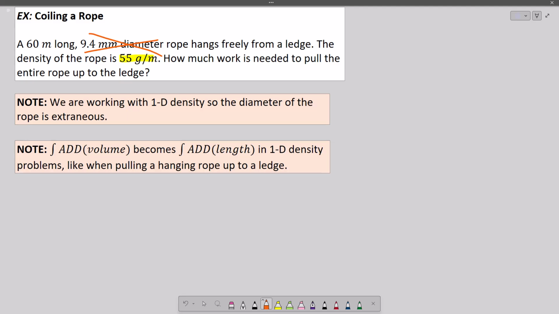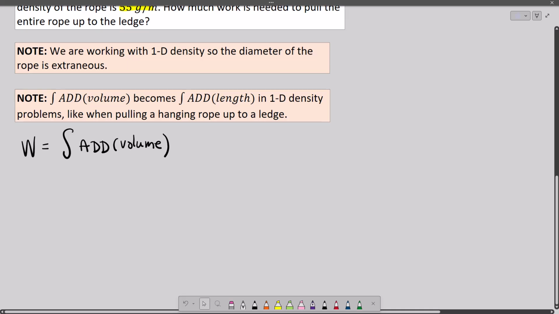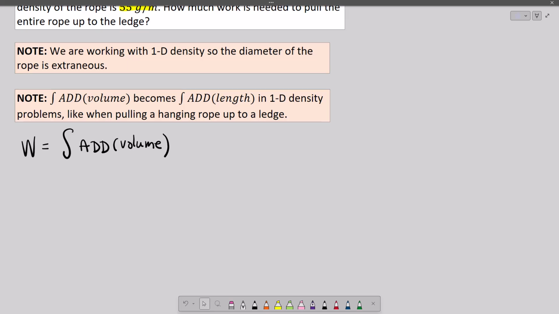So now let's look at our formula for work. Our generic formula is ADD volume. And when we think of this volume, we are thinking of cross-sectional area multiplied by dy. If there's no cross-sectional area because we're 1D, what does that become?